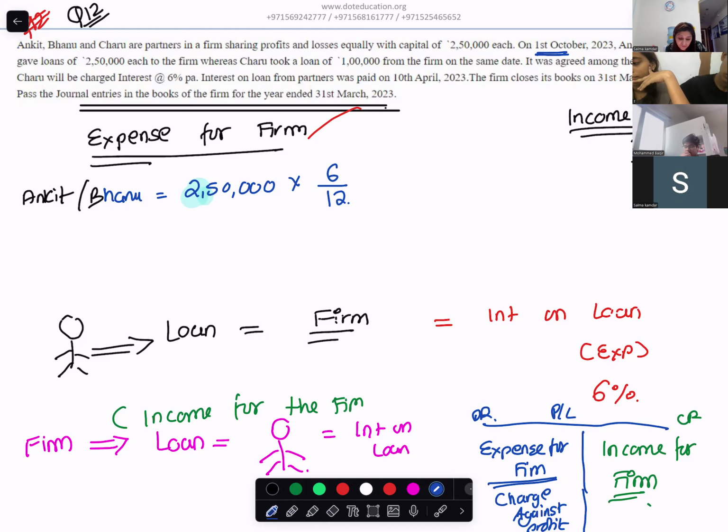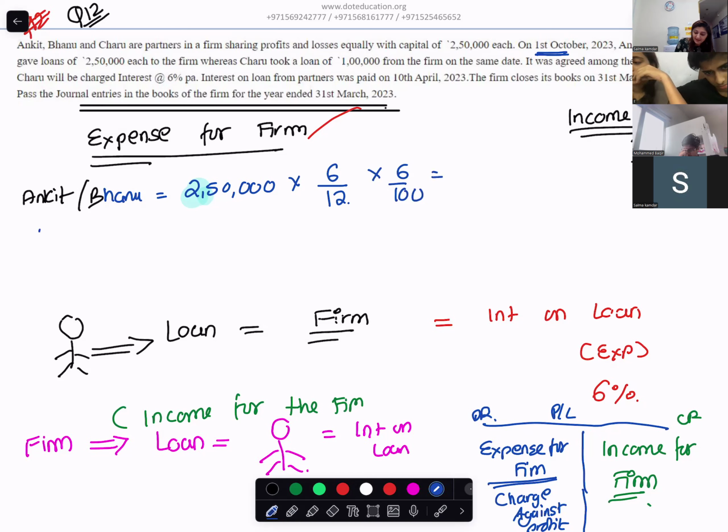Now you will check for the percentage. What is the percentage? 6%. If they have not given any percentage, I will automatically charge 6%.